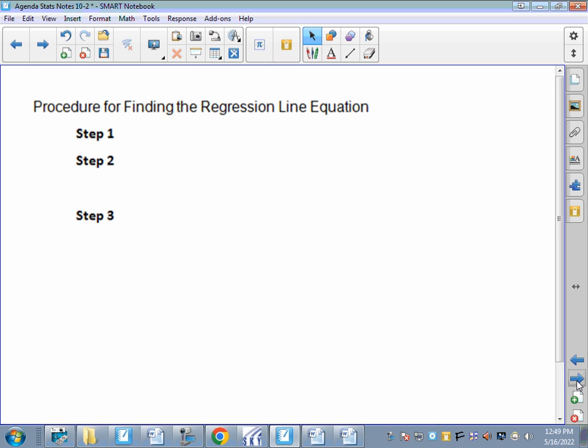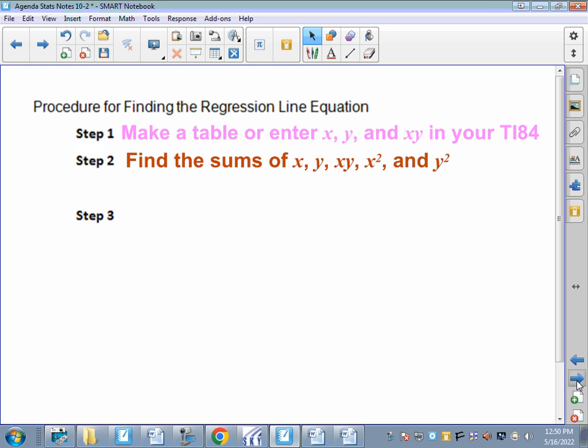So all it is at this point is just more plug and chug and making sure you've got your calculator figured out. So here's our procedure. First thing we're going to do, we're either going to make a table to find all of our sums, all of our x times y's, all of our x squares, or we're going to enter x, y, and x times y in the TI-84. And in step 2, we're going to jot down the sums of all of our important things: x, y, x times y, x squared, and y squared. Did I say that right? You got all those.